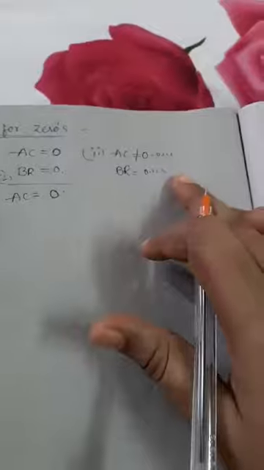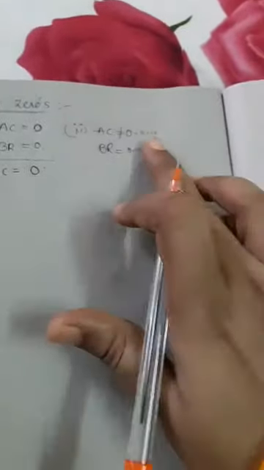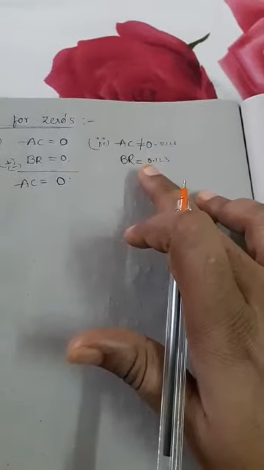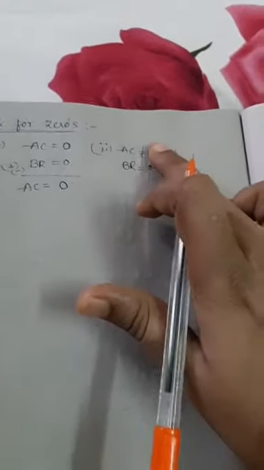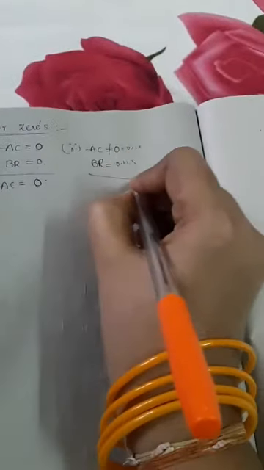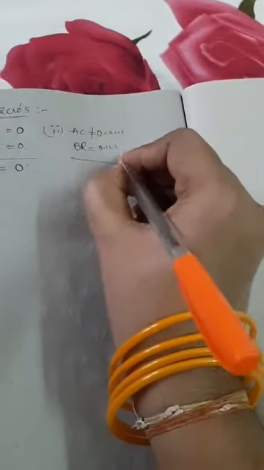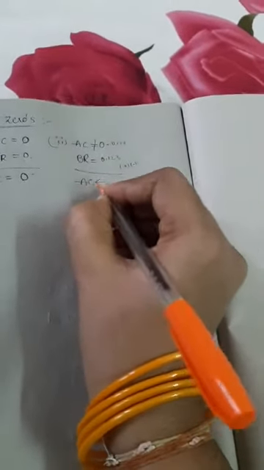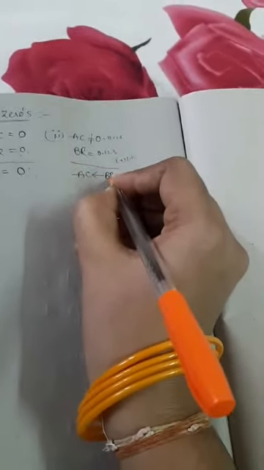So what is the result here? If we add AC and BR, while performing addition or subtraction, we get some result.